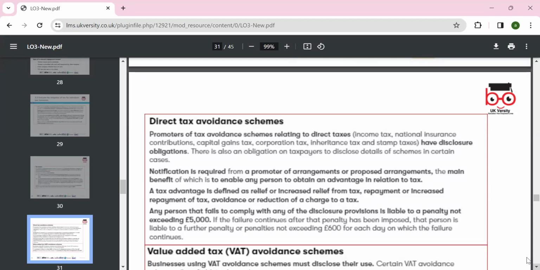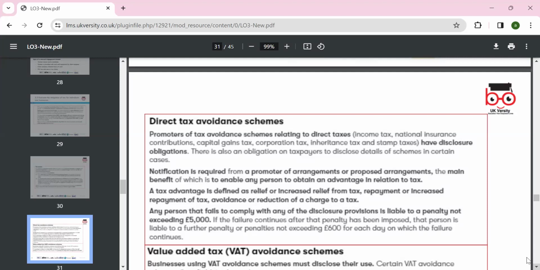Notification is required for promoters of an arrangement, a proposed arrangement, where the main benefit is to enable any person to obtain a tax advantage. The tax advantage is defined as relief or increased relief from tax, repayment or increased repayment of tax.